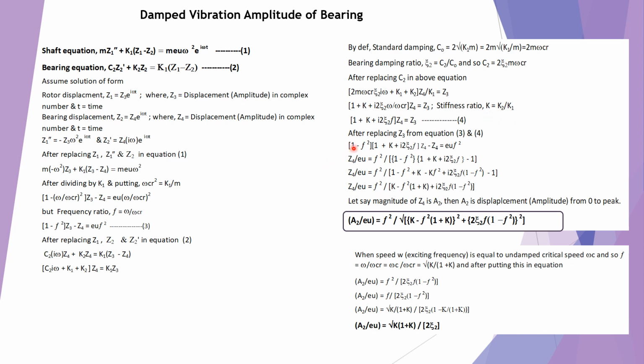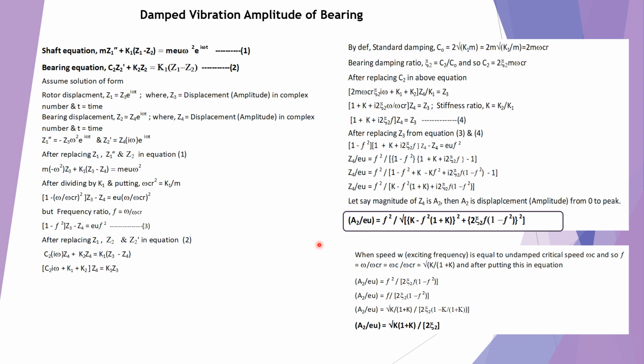After replacing Z3 from equations 3 and 4, we can write this equation: Z4 upon e_u is equal to f square upon (K minus f square into (1 plus K)) plus i into 2 zeta 2 f into (1 minus f square). Let the magnitude of Z4 be A2, the displacement from zero to peak.